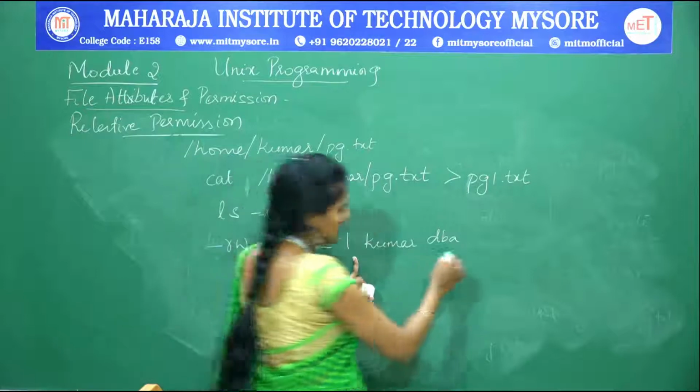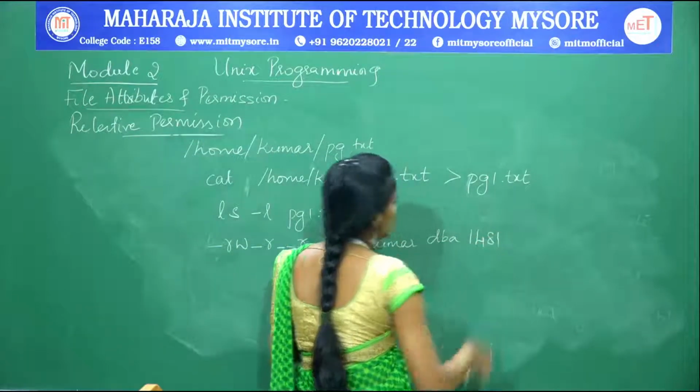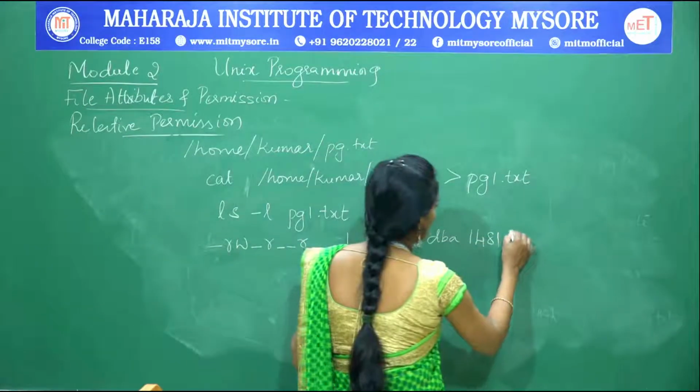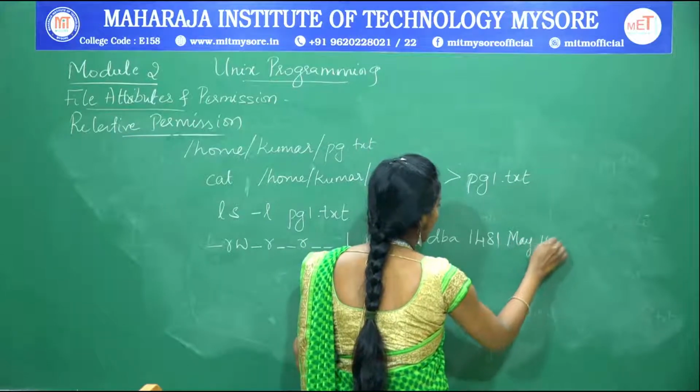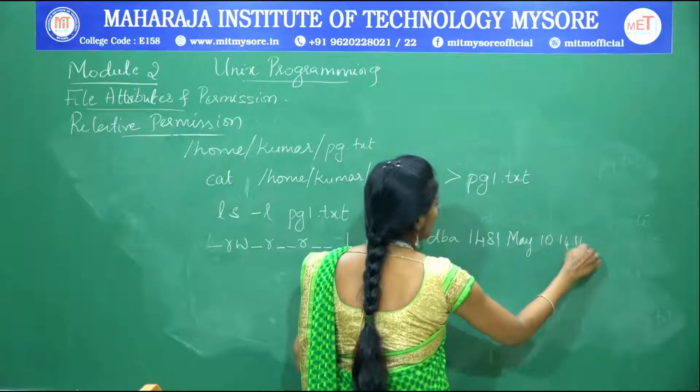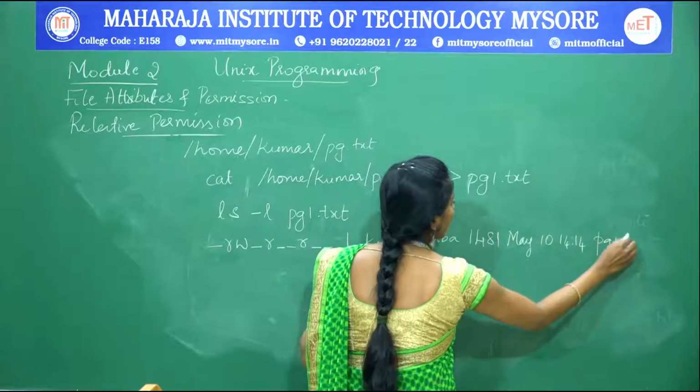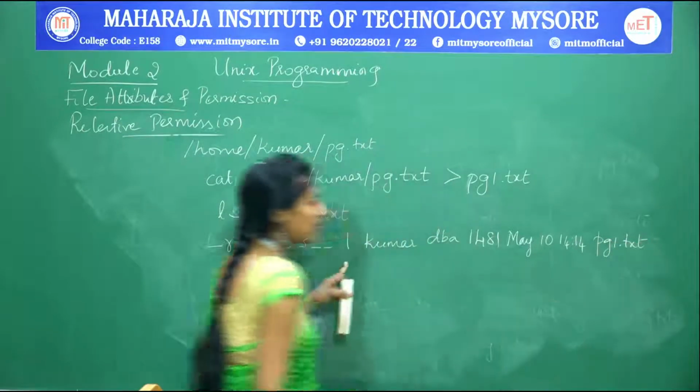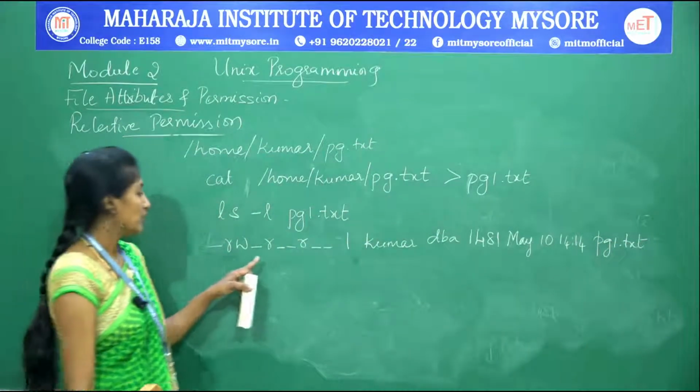Next, the size or content of this file, next the last modification time, next the pg1.text file name. So this is the output you will get.